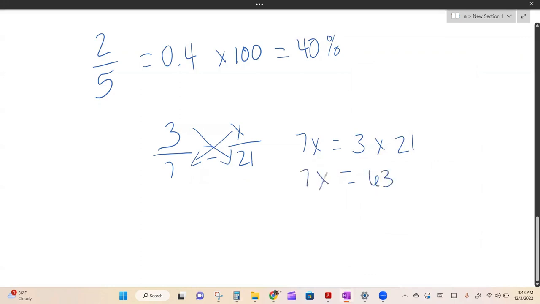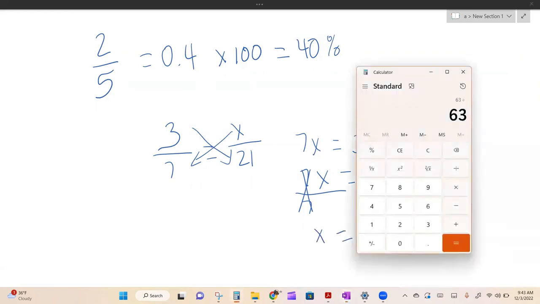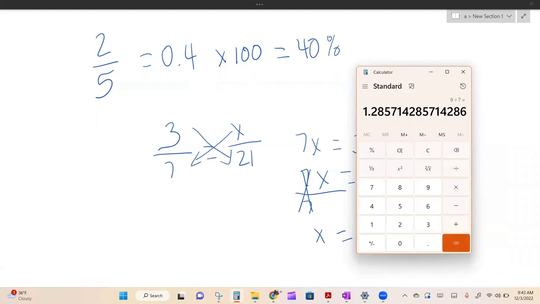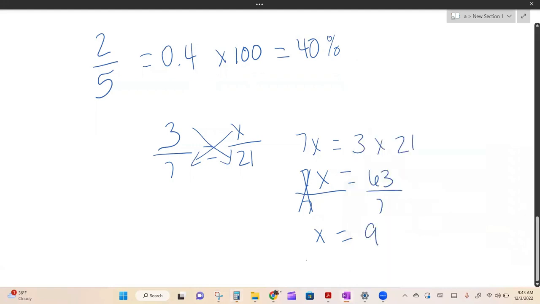And then we'll write 7x here. We want to get x alone, so we need to divide each side by 7. x is now by itself. And 63 divided by 7 is 9. And that is the answer. So, x equals 9.